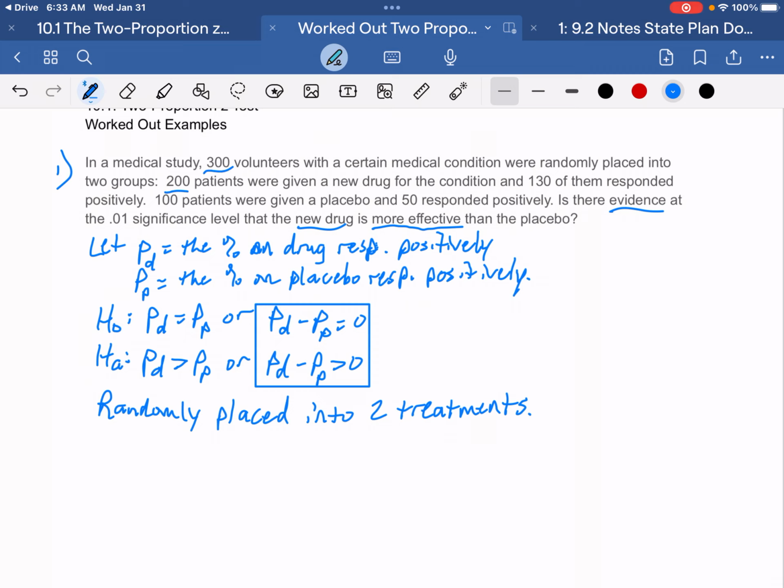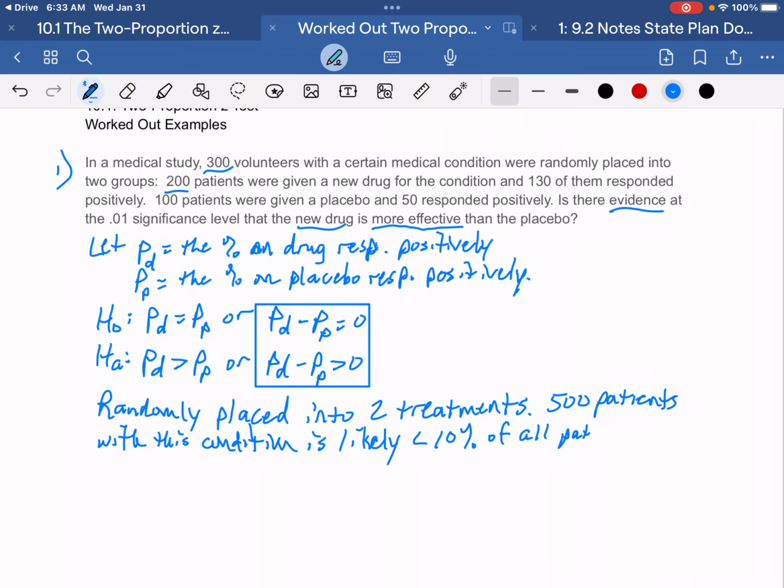It won't always be the case, and say 500 patients with this condition is likely less than 10% of all patients with that condition. So something like that. So I've got the randomness and 10% conditions checked.